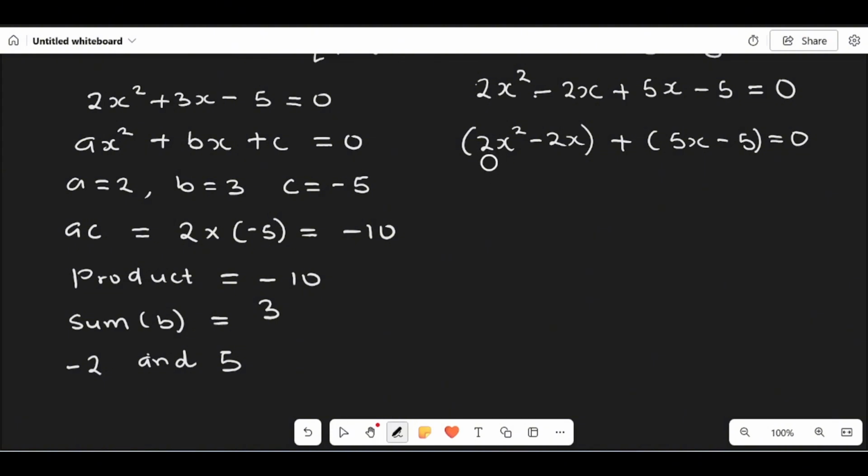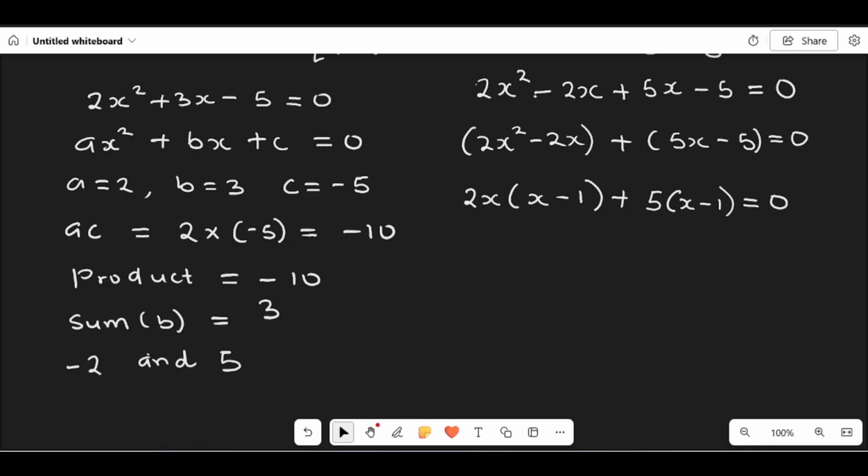Here 2x is common in this group, so 2x bracket x minus 1, because if you multiply 2x multiplied by x, we are going to have 2x squared, and 2x multiplied by minus 1, we are going to have minus 2x. Plus our common factor here is 5. 5 bracket x minus 1 equal to 0.